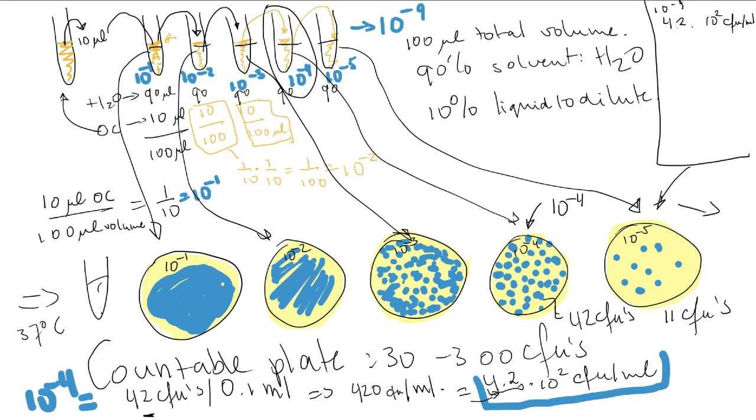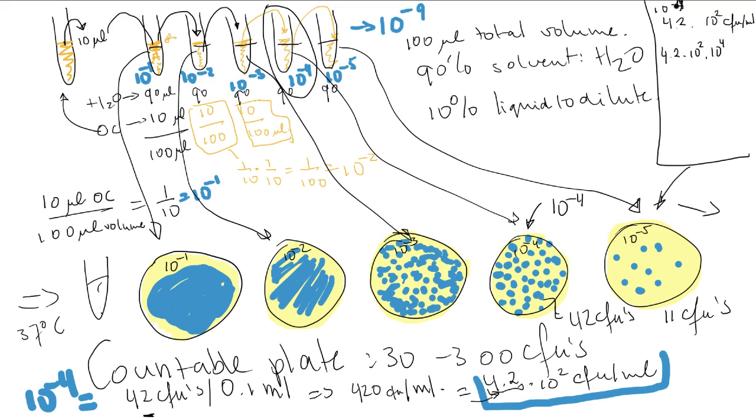But we are not interested in how many colony forming units per milliliter there were in the 10 to the negative 4 plate. We wanted to know that original cell density. Now, we also know that the 10 to the negative 4 plate is 10 to the 4 times more dilute. So the original cell density would then be 4.2 times 10 to the 2 times 10 to the 4, right?